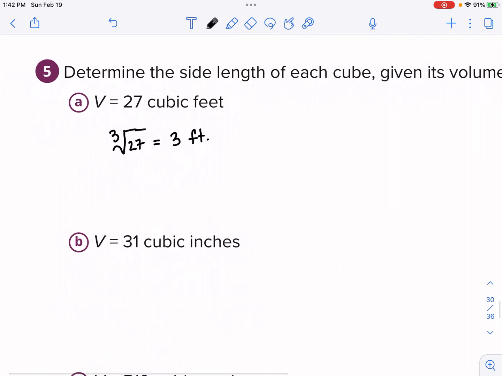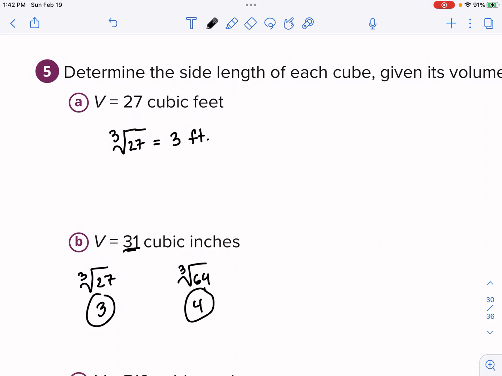For the cube root of 31, we don't have that, but that's in between the cube root of 27, which is 3, and the cube root of 64, which is 4. This is a lot closer to 27, so this is probably going to be like 3.1. If it's cubic inches, then this will be 3.1 inches.